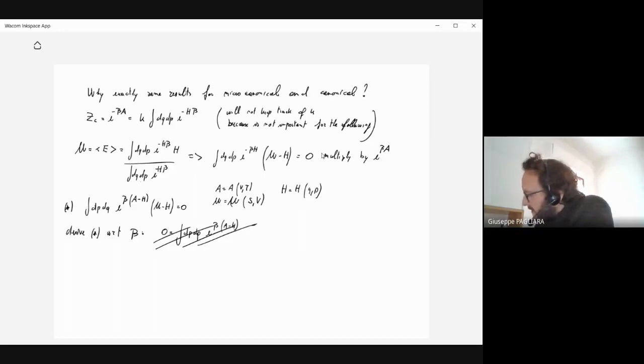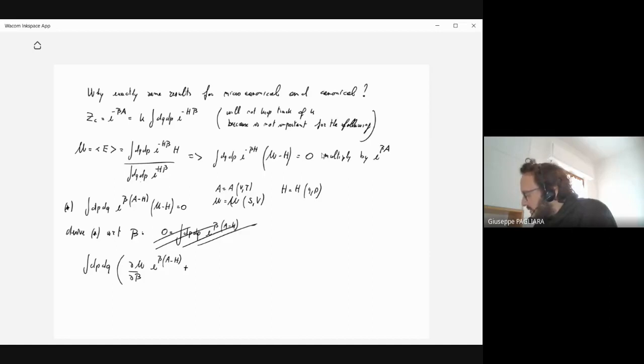Okay, let's write in the following fashion. So this, derive with respect to beta. So this dp dq, otherwise I get lost. Then I derive u with respect to beta, which is a function of beta indeed. Then I have e to the beta (a minus h). H does not depend on beta, therefore there is no contribution to this.